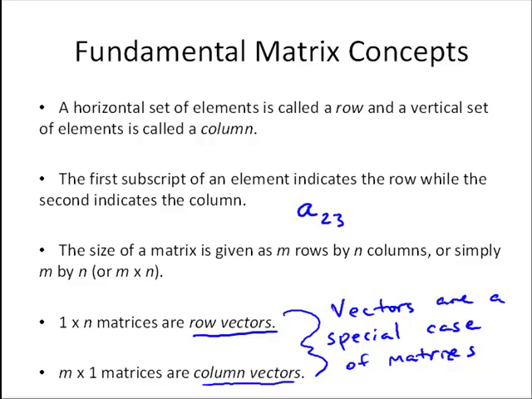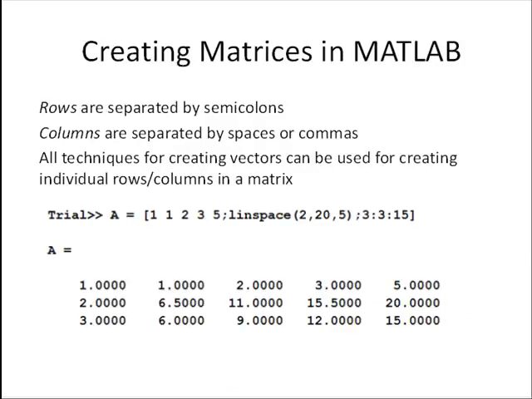So let's talk about creating matrices in MATLAB. Rows are separated by semicolons. Columns are separated by spaces or commas. Again, the same as in vector definition. All the techniques that we use for creating vectors can be used to create individual rows or columns in a matrix.